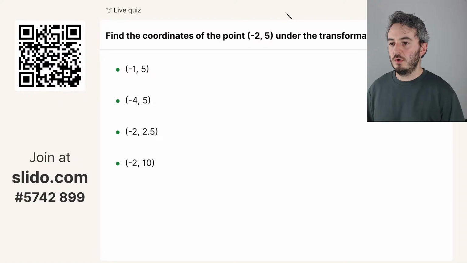Let's have a go at this. So find the coordinates of the point minus 2, 5 under the transformation f of a half x.